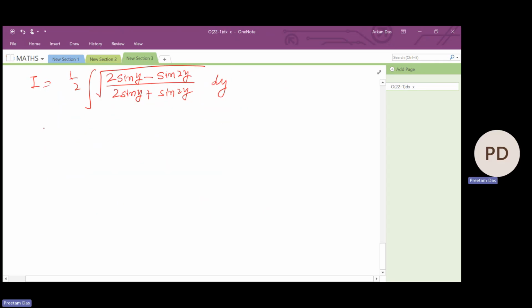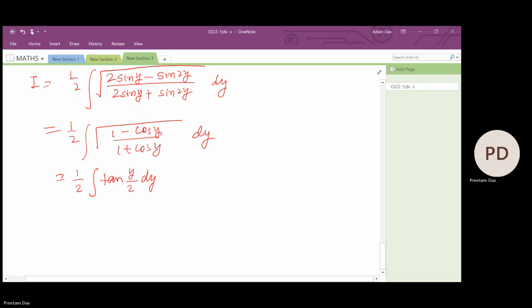Now you just have to use some basic trigonometry to simplify this expression. So if you break this as 2 sine y cos y, take common and simplify, you will get 1 minus cos y by 1 plus cos y. Now by using the half angle formula and further simplifying, this becomes tan y over 2 dy.